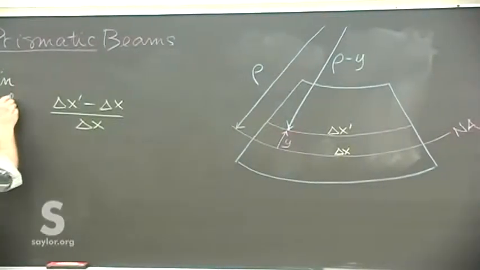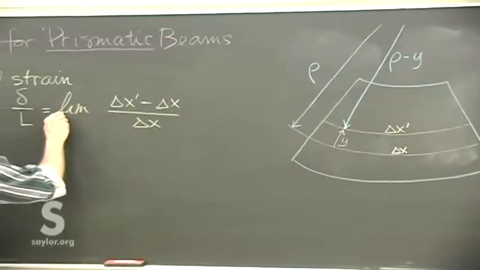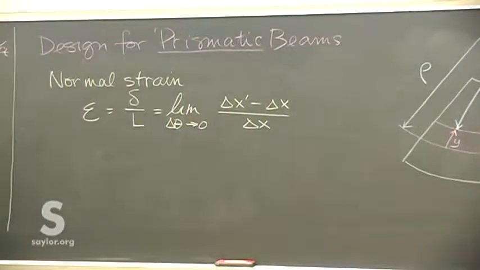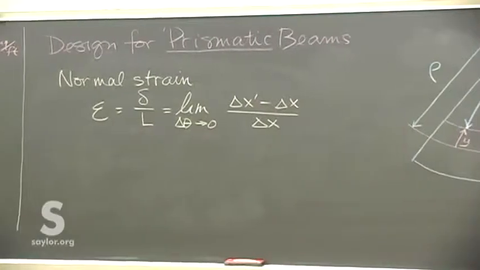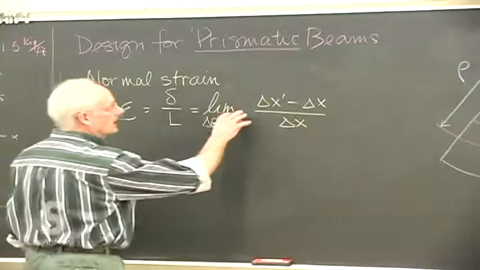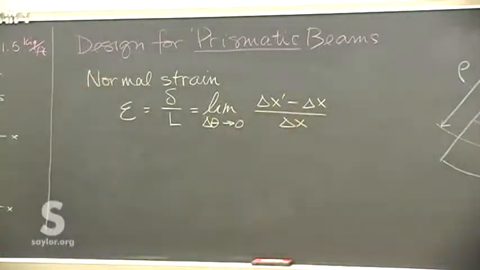But I'm going to take the limit of that as delta theta goes to 0. Without that limit, I have a rather macroscopic strain, but I don't have the instantaneous strain, if you will.